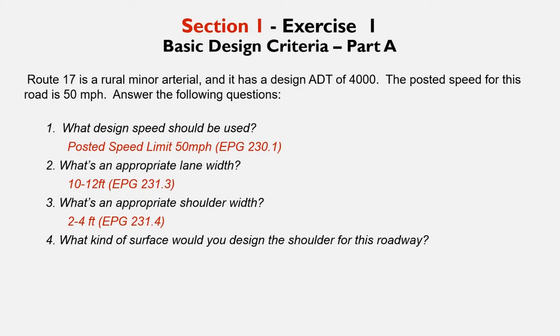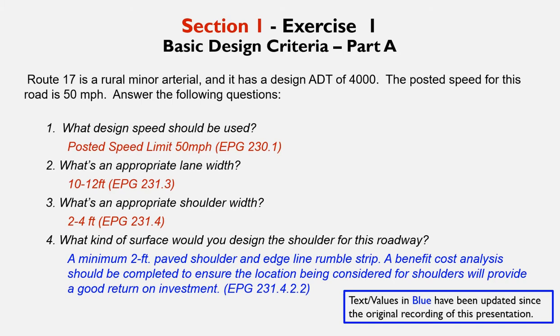What kind of surface would you design the shoulder for this roadway? You could do an earthen or aggregate. Anything like that would work. Aggregate, asphalt, concrete, all of the above.